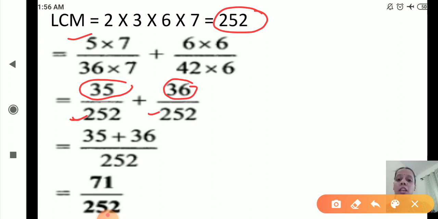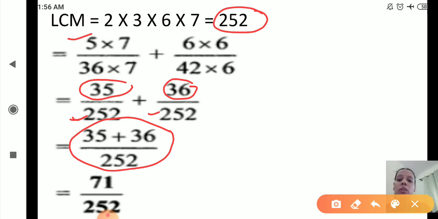Now we got the denominators equal. As the denominators are equal, we can carry out addition. As the denominators are equal, you will write down the denominator only once, as you can see in this step. Why did we not write it twice? Because as the denominators are the same, no need to write it two times.